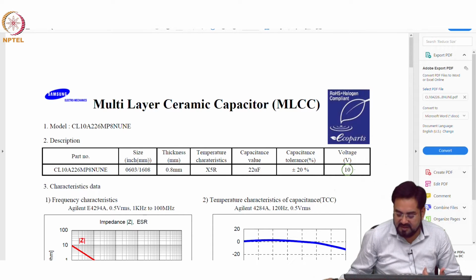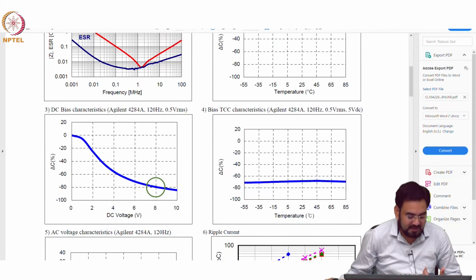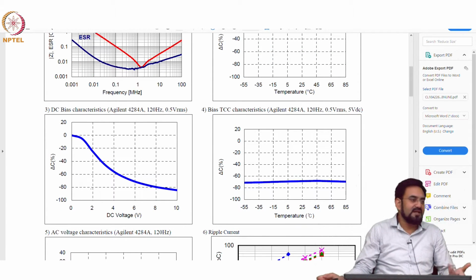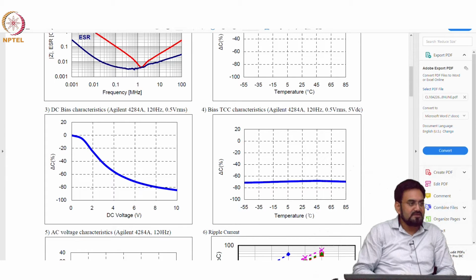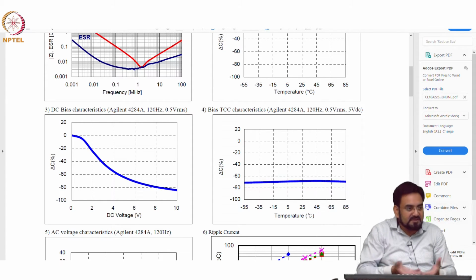So when you are very close to this, like 8 volt or beyond, you might not get any capacitance actually. I mean, 10 microfarad will become like 1 or 2 microfarad only. So you will not meet your ripple spec in that case. Which means you have to put 4 or 5 caps in parallel.